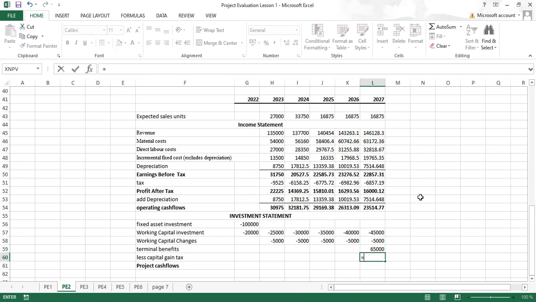We were told it was 20,000. Let me write here first. We were told the salvage value was 20,000, but also we had depreciation, isn't it? And let's also find our total depreciation. Alt equals, Control Enter. So this is the accumulated depreciation.